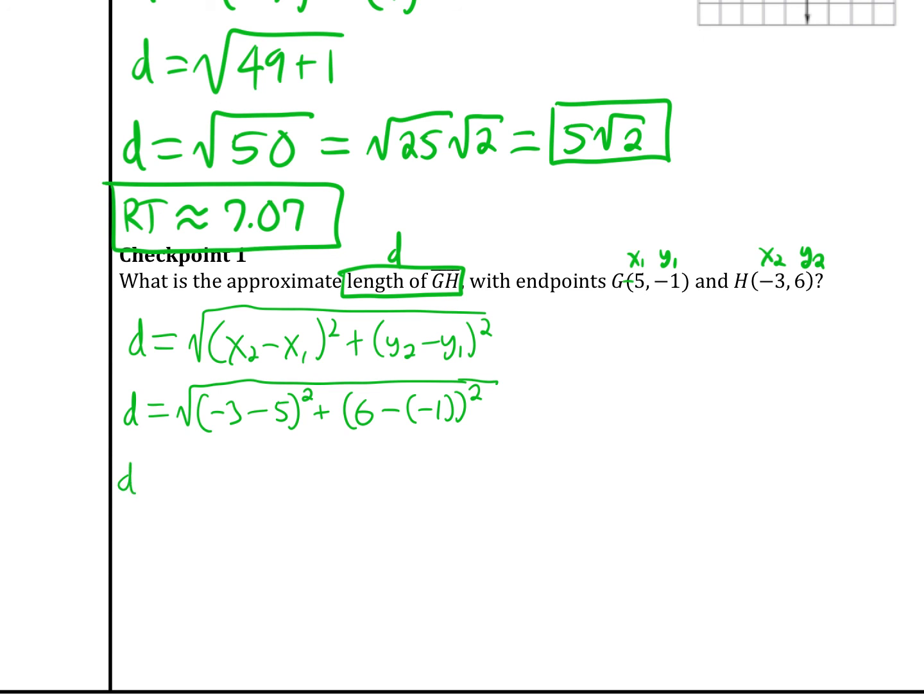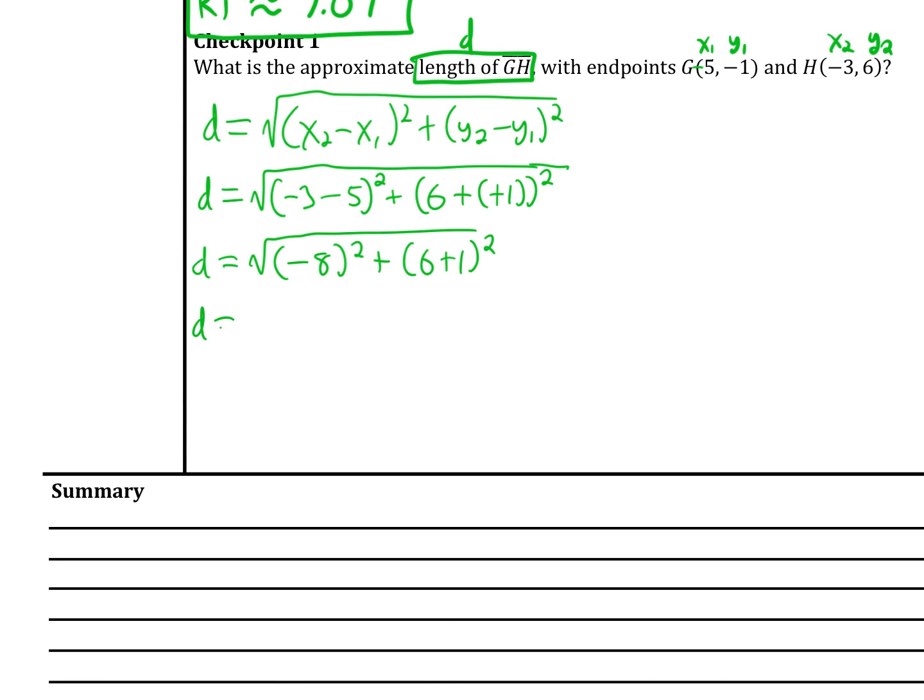Okay, let's go ahead and simplify this some more. So we got -3 minus 5, which is -8 squared, plus over here, minus negative, chop, chop, we got 6 plus 1 squared.